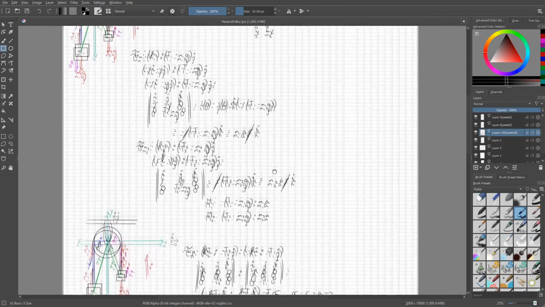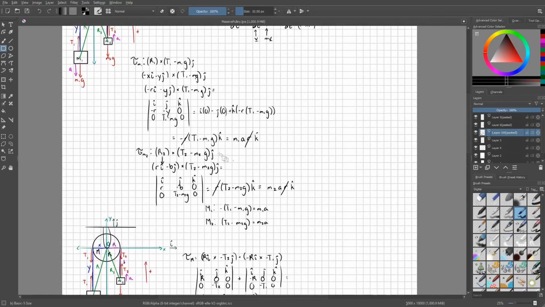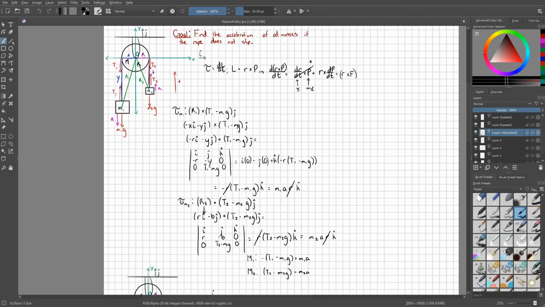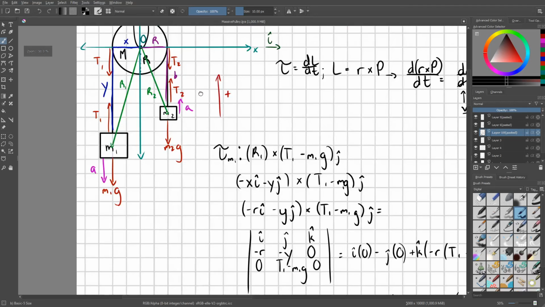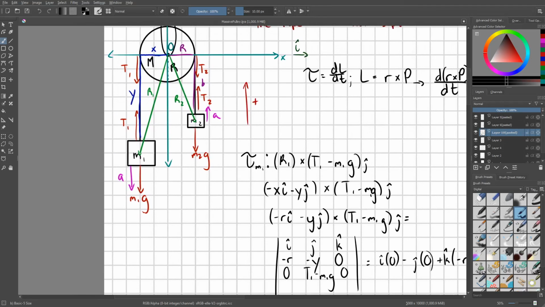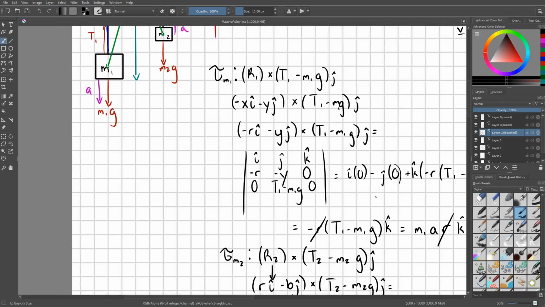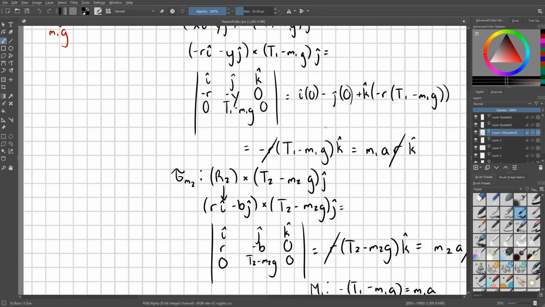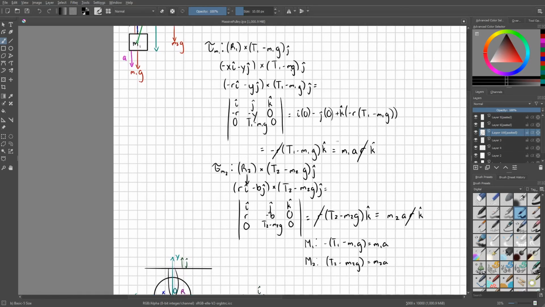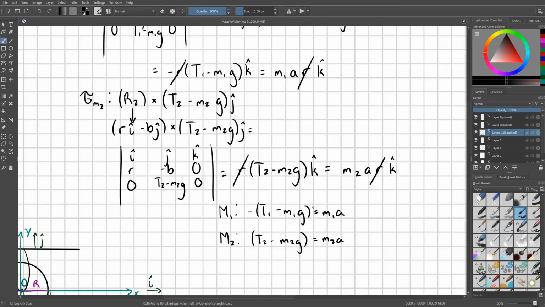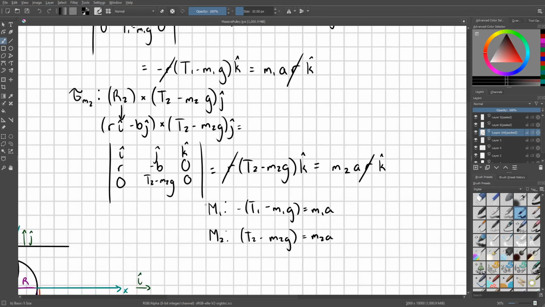Now, clearly, this isn't the most efficient way to do this problem. Again, I would highly suggest, if you are actually doing this problem, to not analyze M1 and M2 in terms of torques, but just use force equations, because again, these distances ended up just canceling each other out and giving us exactly what we would expect if we were just creating free body diagrams and making these force equations.